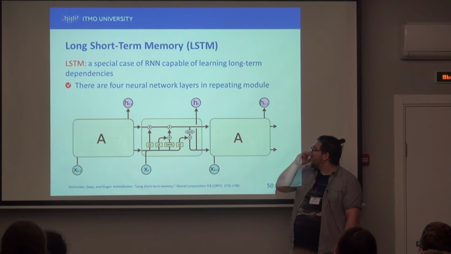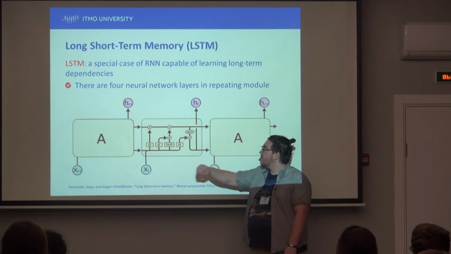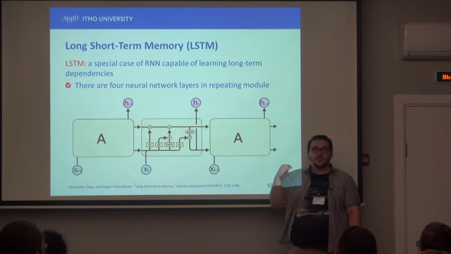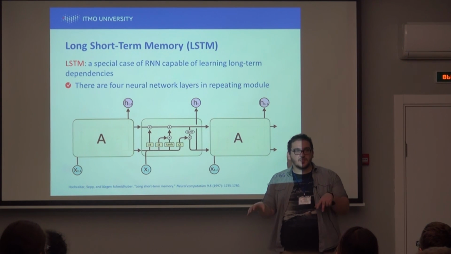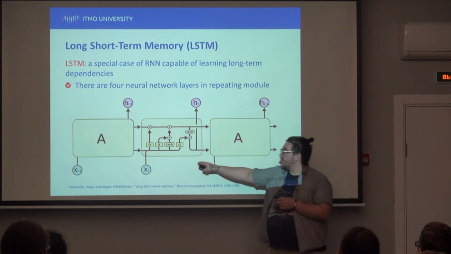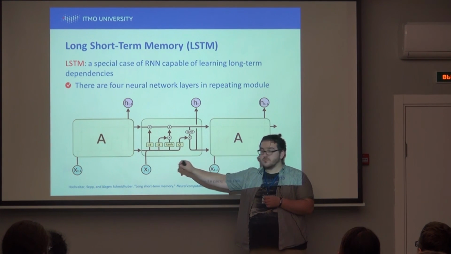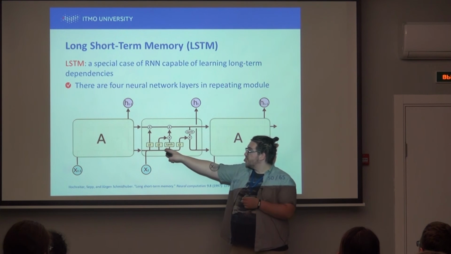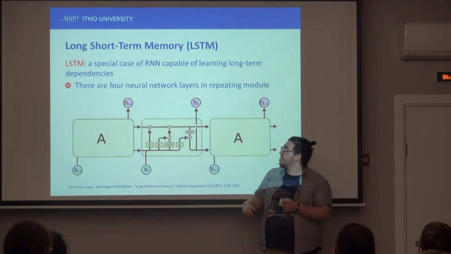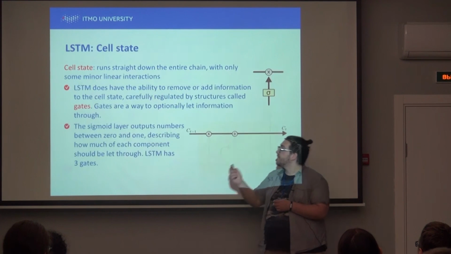To do so, we have an inner state which collects and represents our knowledge about previous states. It's also a vector. LSTM has a very complicated structure. So there are 4 gates, and we will talk about all these gates.